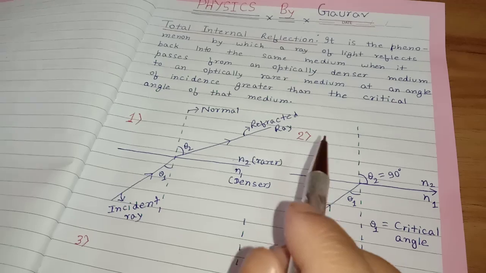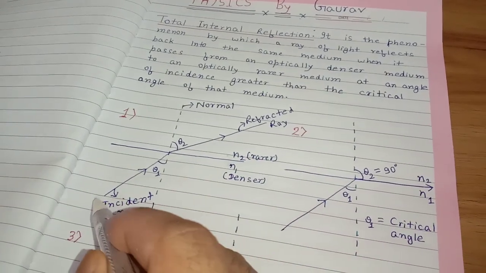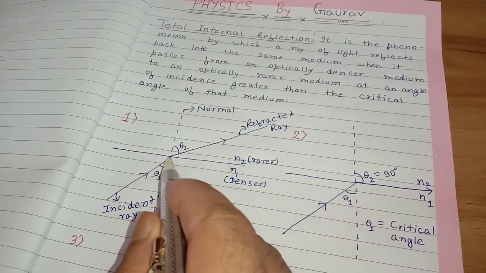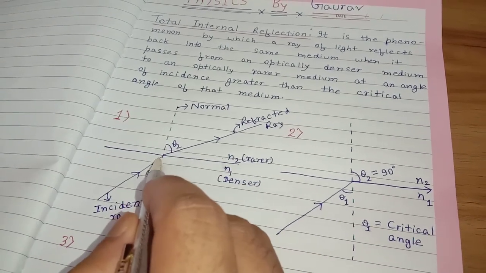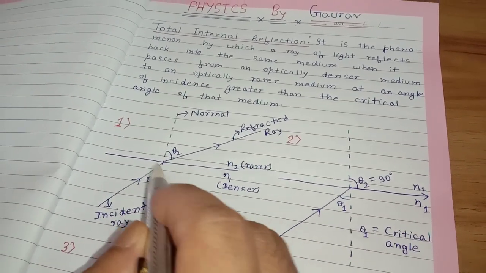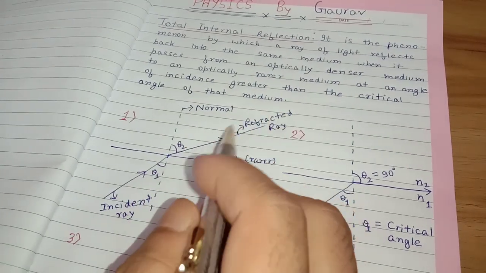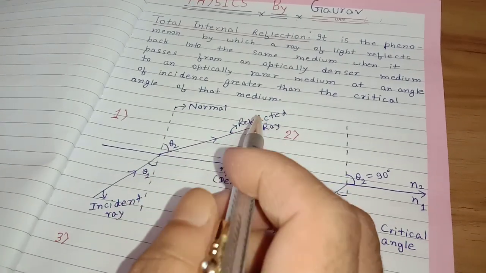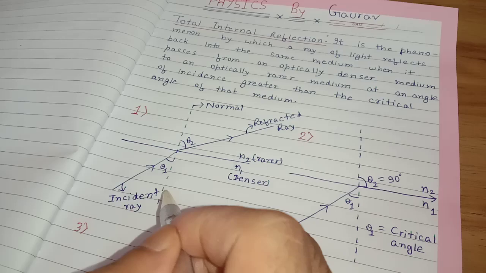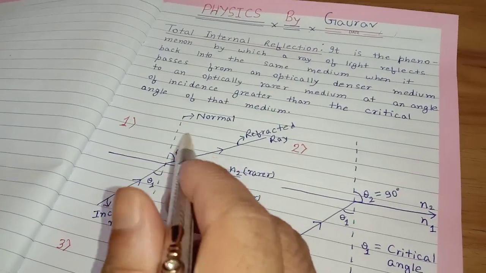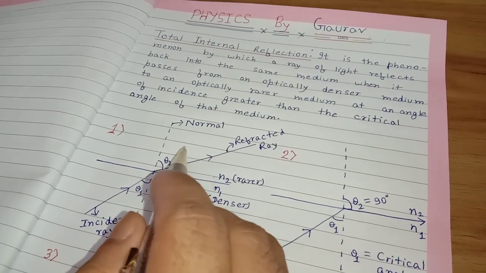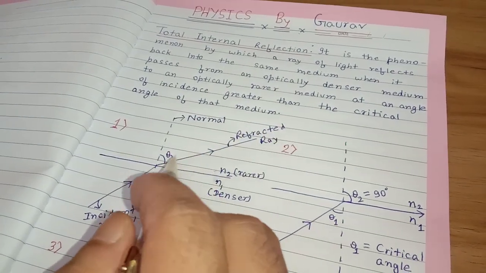Now the denser medium you can take as water or glass, whatever you like, and the N2 medium, let us consider it as air. Now you see that a ray of light is incident on the interface between the denser and rarer medium. It gets reflected partially and it also gets refracted into the second medium. As you all must know, when a ray of light goes from a denser medium to a rarer medium, it gets refracted away from the normal.